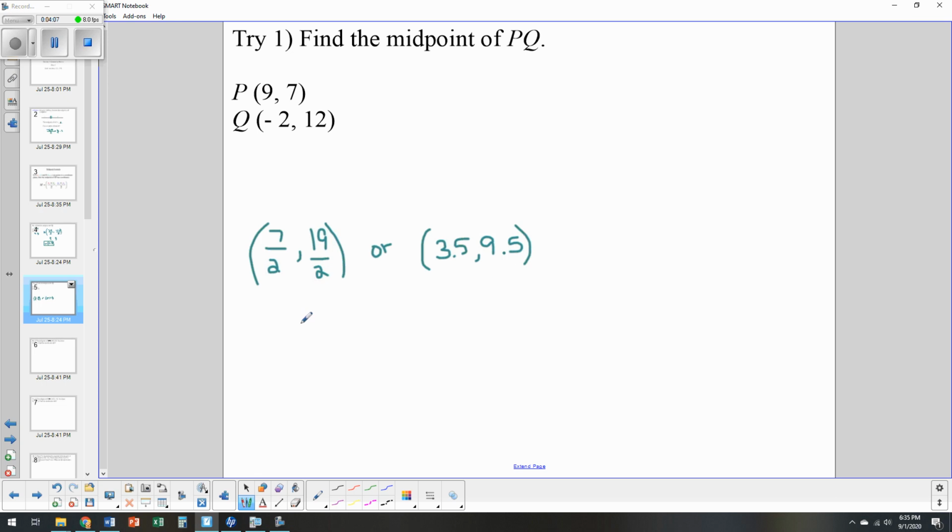All right, so you could either have written it as 7 halves and 19 halves or 3.5 and 9.5, right? Doesn't matter which way we write it, whatever you're more comfortable with.